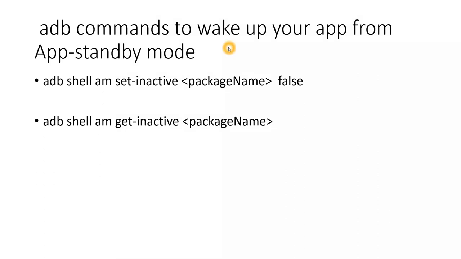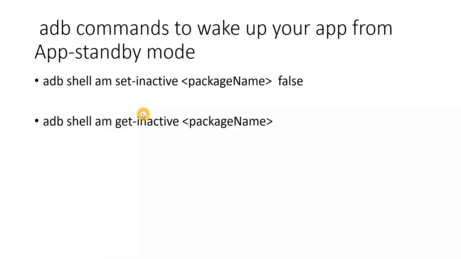How to wake up your app from this app standby mode? Just the opposite of what we did: adb shell am set-inactive, the package name, and you have to pass false. You have to pass the argument false to come out of the app standby mode. If you want to know the status of your application, whether it's in app standby mode or not, you can use adb shell am get-inactive.